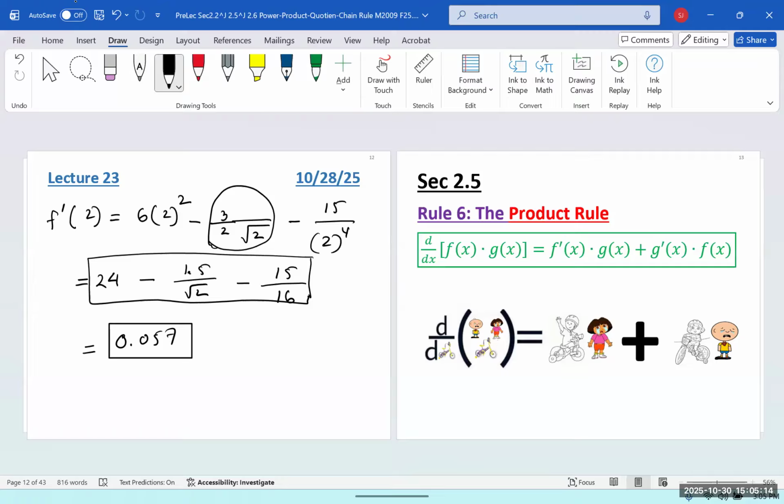So the derivative of the first function, but the second function stays the same, it doesn't change. Plus, then the second person gets the derivative, and the first person stays the same, okay? So it doesn't matter how many functions you have, you're allowed to change only one function at a time. So you change one function, multiply by all the other functions.